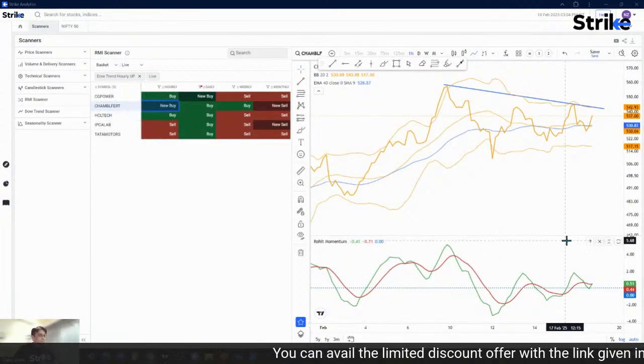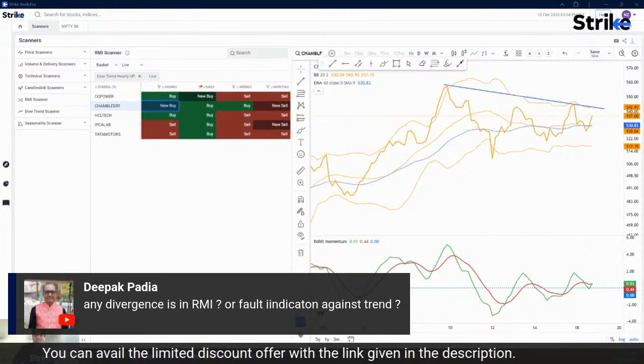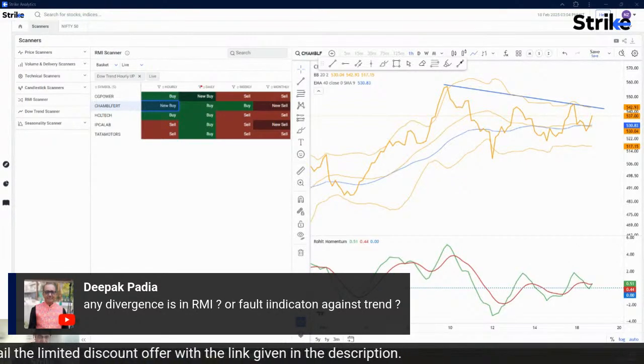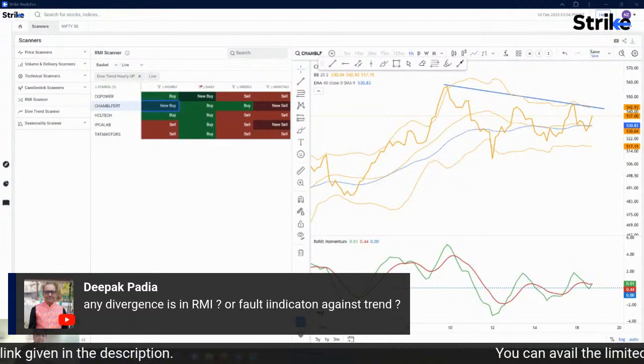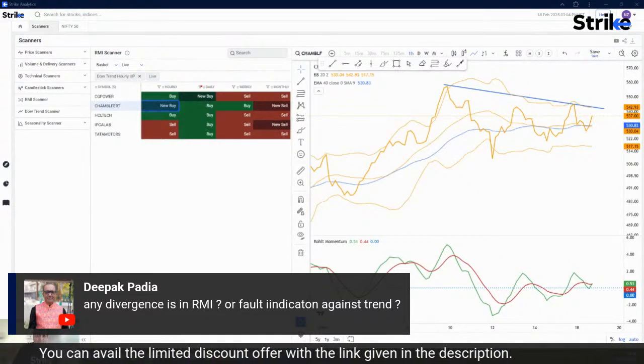So Deepak ji was asking about any false indication. See, the computer will always tell you that whenever the green line crosses the red line from below, a new buy signal will be generated. But not exactly every new buy do we have to go and take the trade.